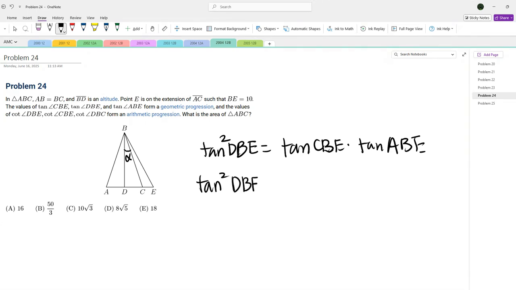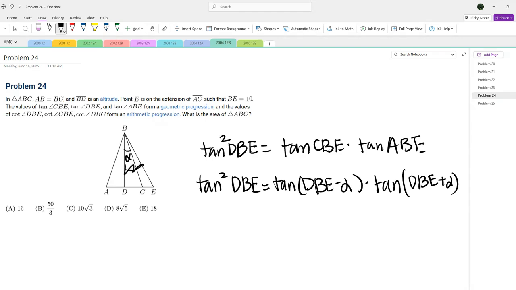So tan squared DBE equals tan of (DBE minus alpha) times tan of (DBE plus alpha), because CBE and ABE are those angles, since this angle is also equal to alpha.